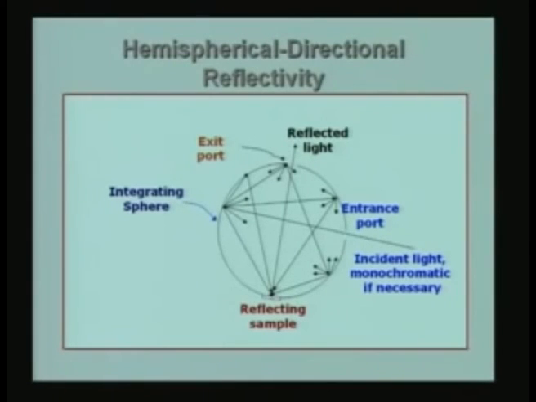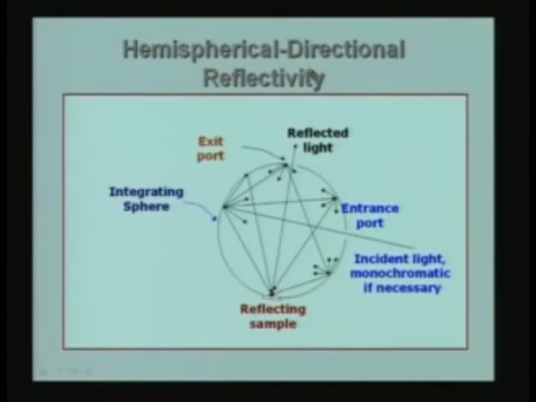It is illuminated from all directions, and then in one particular direction I am finding out how much is the amount of reflection, and by measuring the amount which is incident and amount which is reflected, I will be able to characterize what is called the hemispherical directional reflectivity. We will define this quantity a little more carefully in the next lecture.